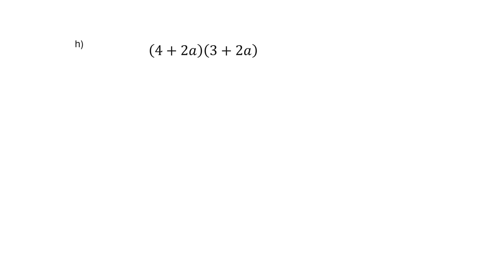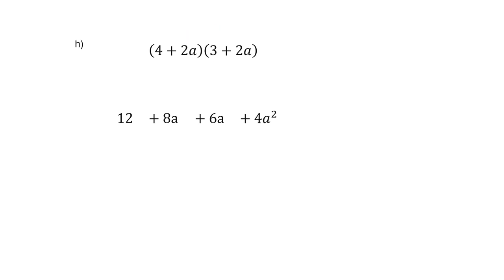H, 4 plus 2a times 3 plus 2a. First terms, 4 times 3 is 12. Outside terms, 4 times 2a is 8a. Inside terms, 2a times 3 is 6a. And our last terms, 2a times 2a gives us 4a squared.